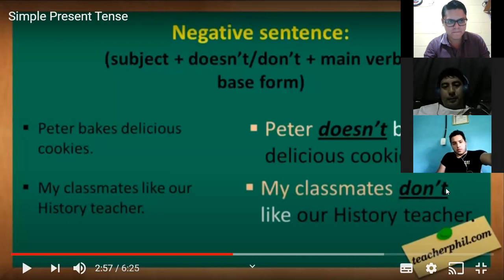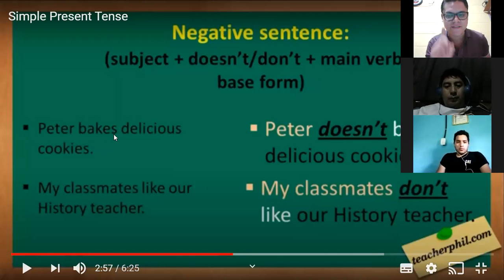All right. Look at this. For positive sentences, most of the time, guys, when you are referring to a third person, he, she, or it, most of the time, not all the time, but most of the time, you add the letter S to the verb.